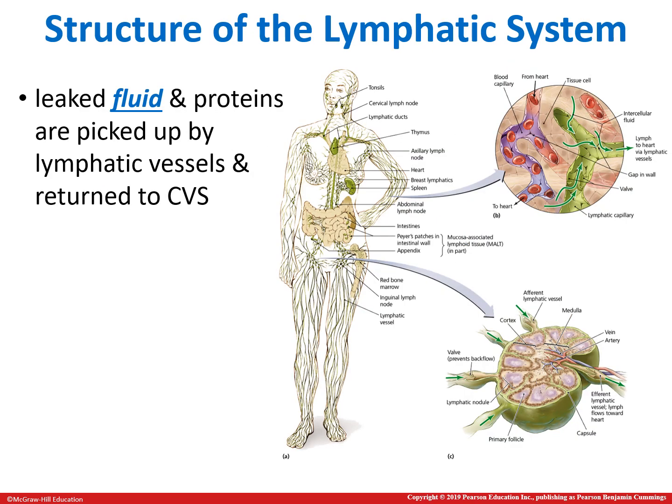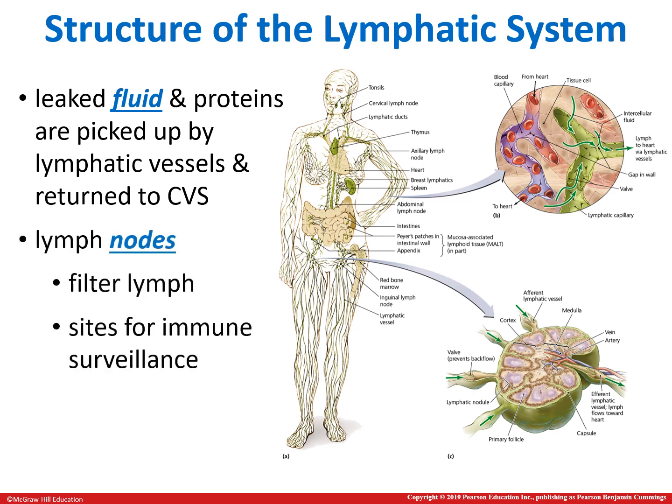And the lymphatic system is also a series of vessels that start at the capillary bed. So any fluid that leaks out into the tissues can be picked up by the lymphatic system and put back into the cardiovascular system. Recall that it's not just about balancing fluids, it's also about picking up all those dissolved proteins that are usually produced by the liver, and the liver couldn't keep up if those proteins were constantly being lost to the tissues.